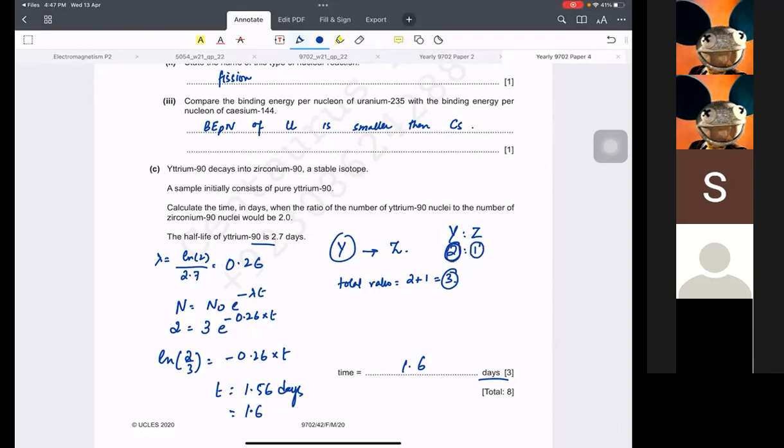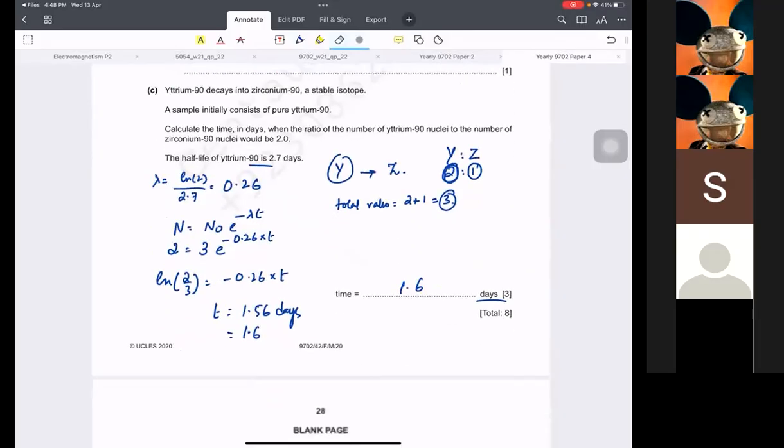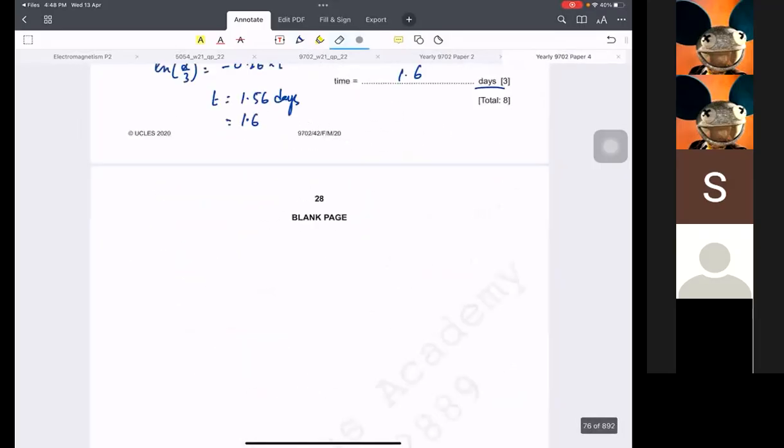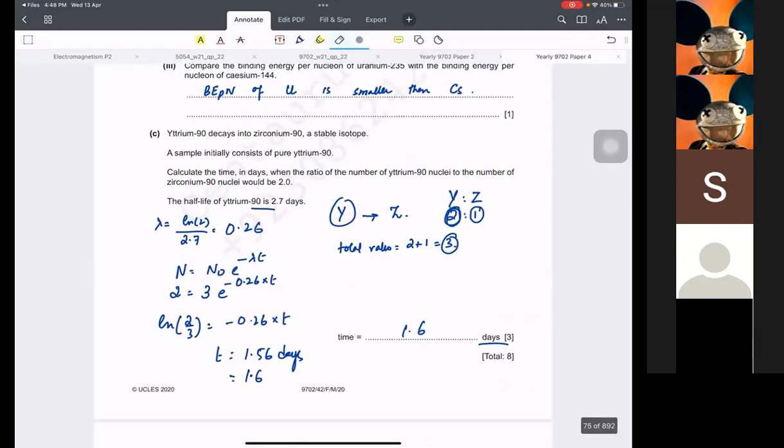So the total would be 3. This is how we take ratios. So the ratio of y, the change in y over y, would be 2 upon 3. Initially y was 3, then it decayed into 2, like this. And finish. Cool. Do you guys have any questions?